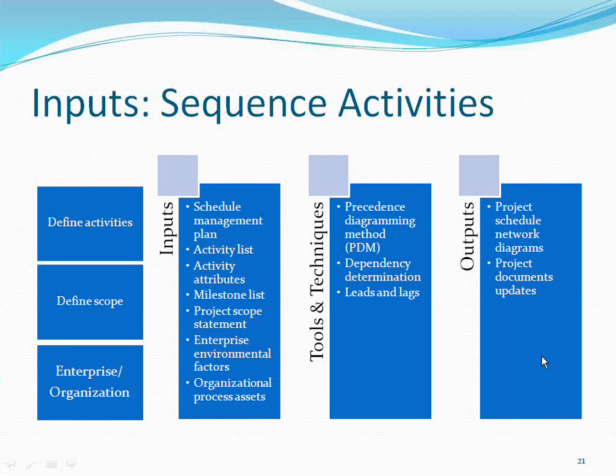So it's an internal dependency. As a project manager, you have to decide what dependencies you have in the project. And then when you are sequencing the activities, you have to look into the leads and lags. Very important, leads and lags.